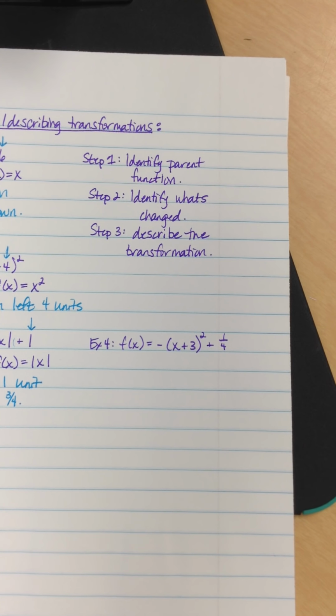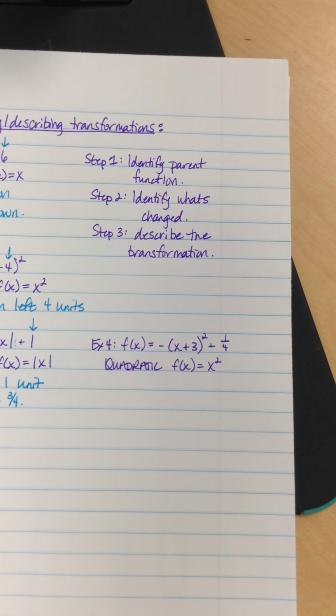Okay, first step, identify the parent function. The squared. Squared is a dead giveaway. This tells you quadratic. The original equation for a quadratic, f of x equals x squared. Step 2, identify what has changed.